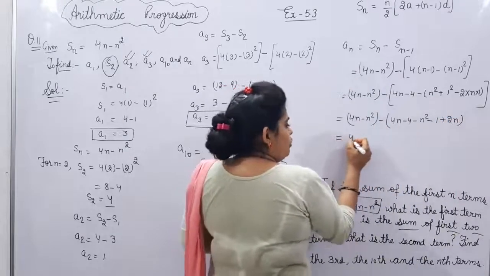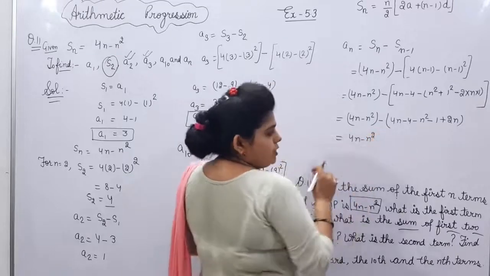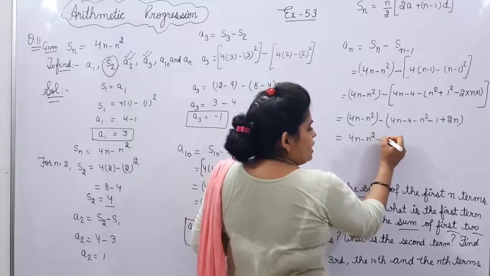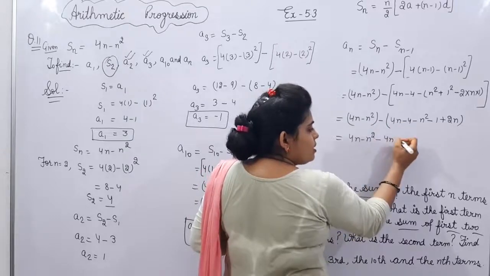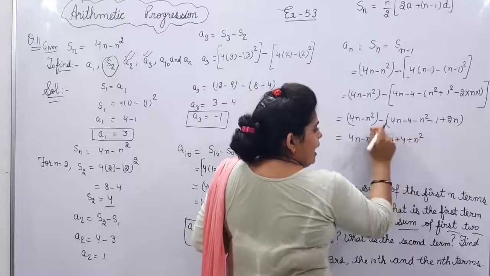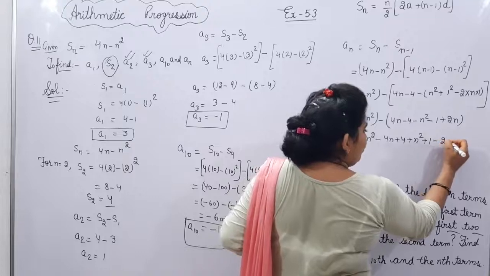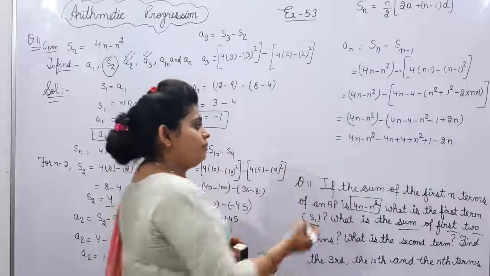From here 4n minus n square. Now open these brackets: minus 4n, minus minus plus 4, minus minus plus n square, minus minus plus 1, minus plus minus 2n. Now solve these.